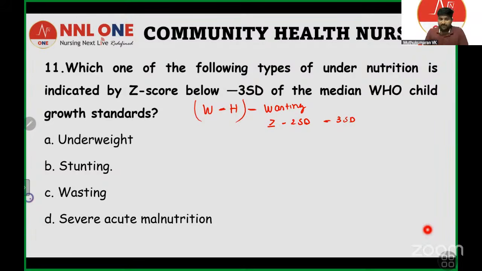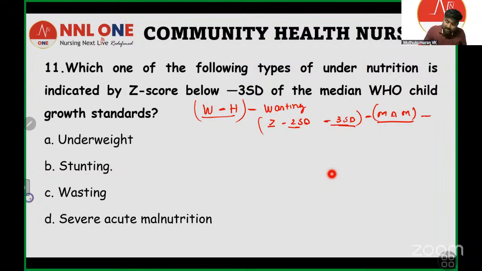If minus 2 SD to minus 3 SD is given, we name it as moderate acute malnutrition, MAM. Wasting is acute. Wasting, stunting, they have asked already. Now they will specify moderate acute malnutrition or severe acute malnutrition.